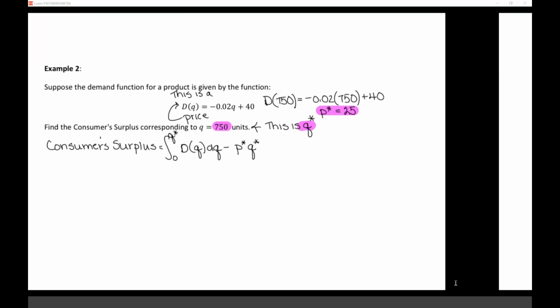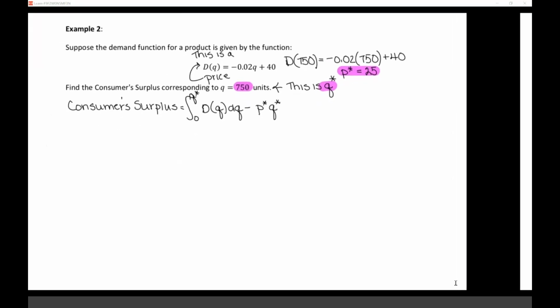You try this piece. You figure out the consumer surplus. Now you have all the pieces you need. We'll take about 5 minutes to do this.